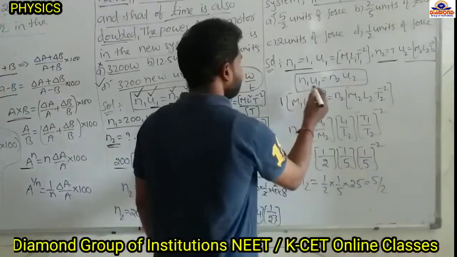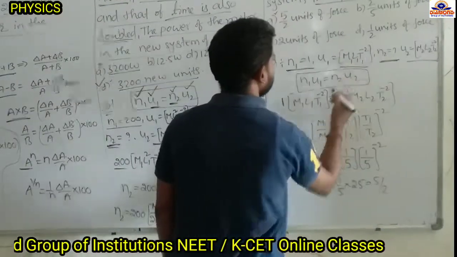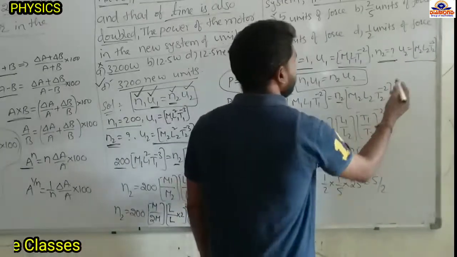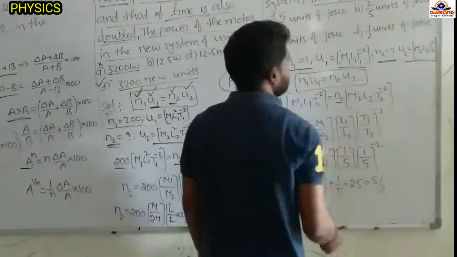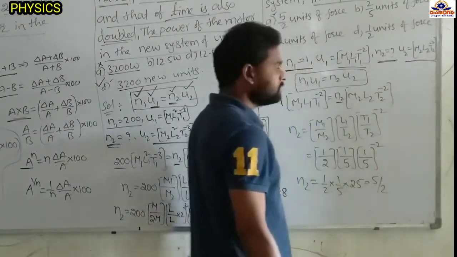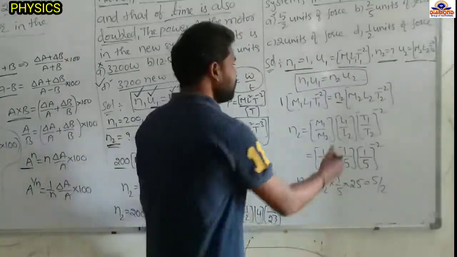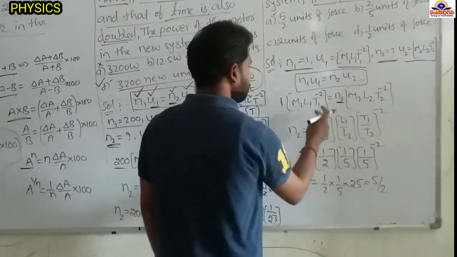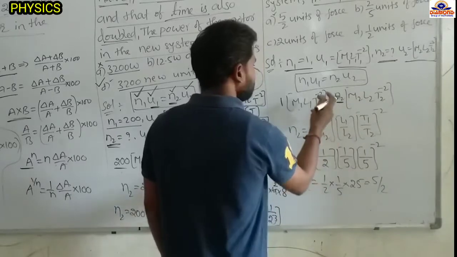The n1 value is 1, u1 is the given system's dimensions m1 l1 t1 to the power minus 2, n2 we have to find, and the new system's dimensions are the same but the numerical values will be different, m2 l2 t2 to the power minus 2. So we have to find the n2 value; send this to this side. So m1 by m2, l1 by l2, t1 by t2 whole to the power minus 2.